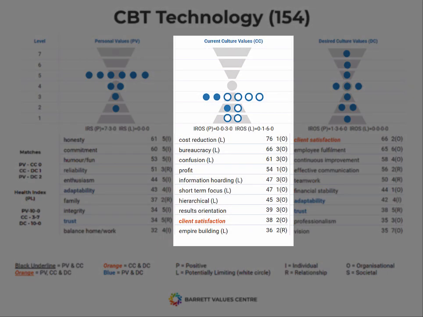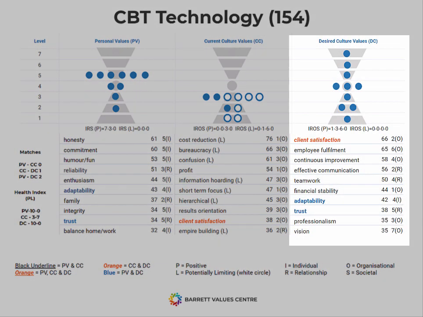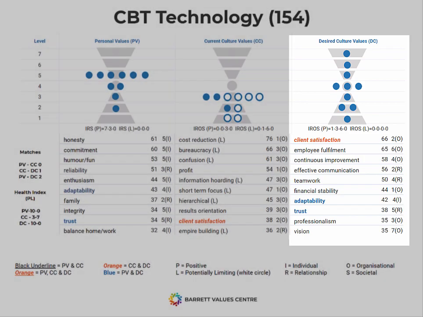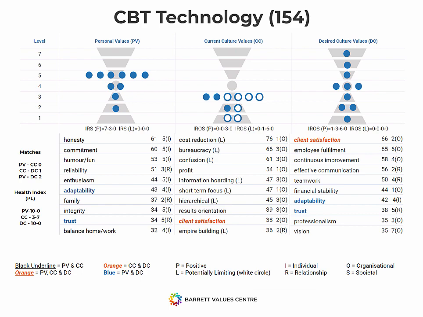The second column is the current culture, and this shows us what aspects of the culture are working well and which aspects are less healthy and need some care and attention. And the third column gives us a sense of where people want to take the organization to really achieve high performance. And this data really provides the foundation for new conversation.